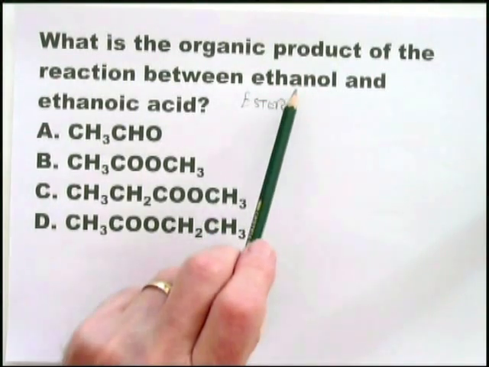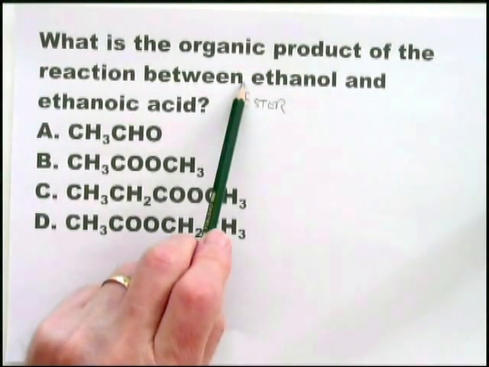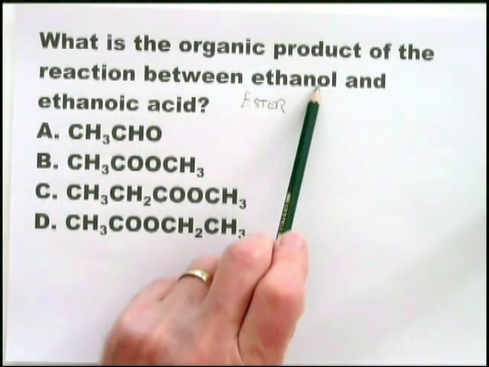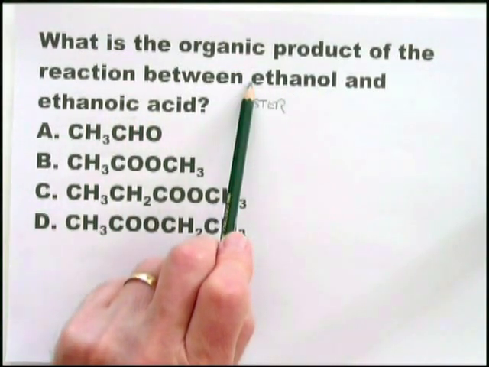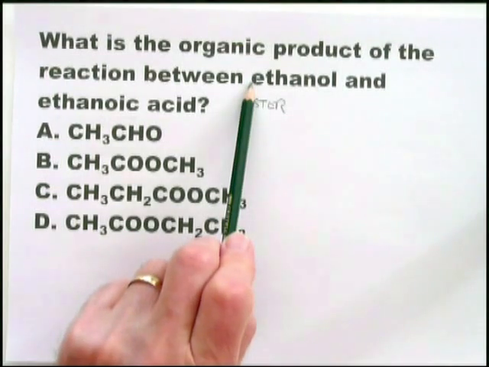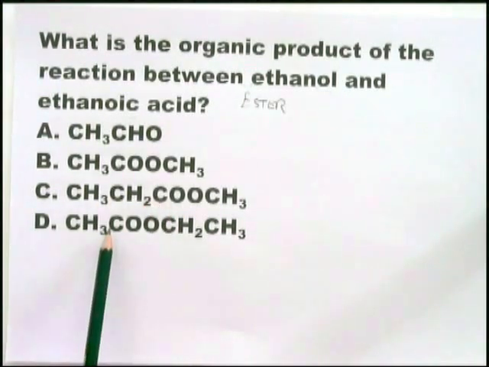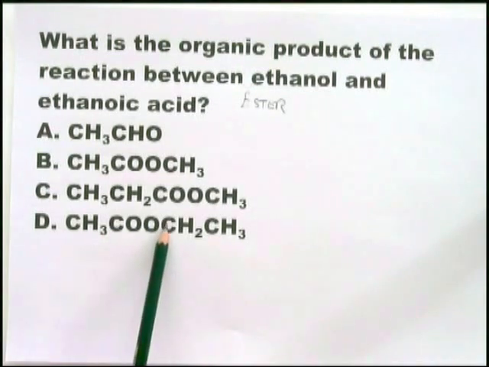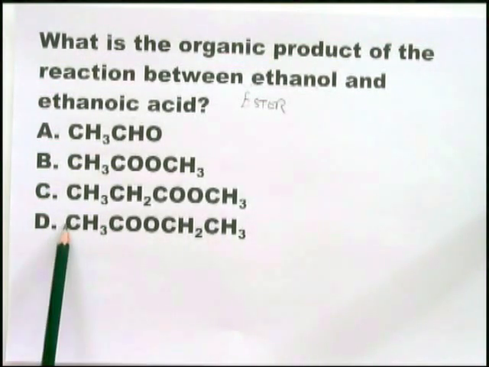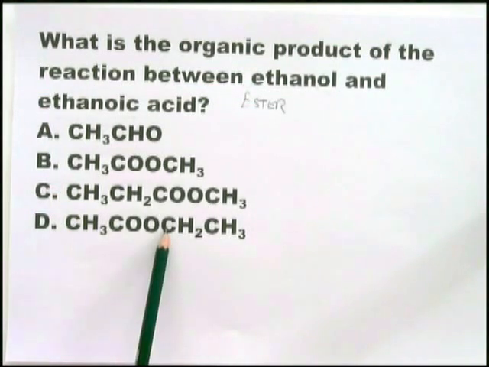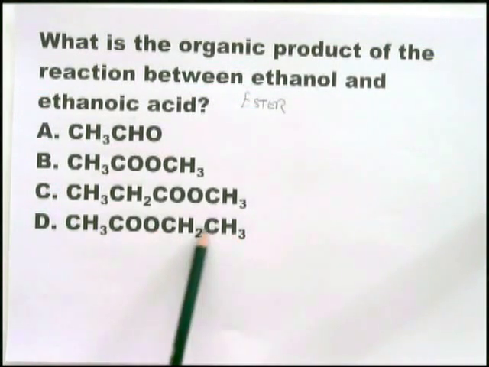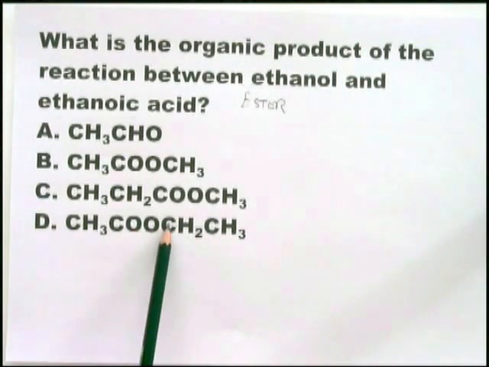And we are looking for ethanol and ethanoic acid. So there's two carbons on either side of the oxygens. So this one is the only one that fits. That part is ethanol and that part is ethanoic acid. Two carbons on either side of the oxygens.